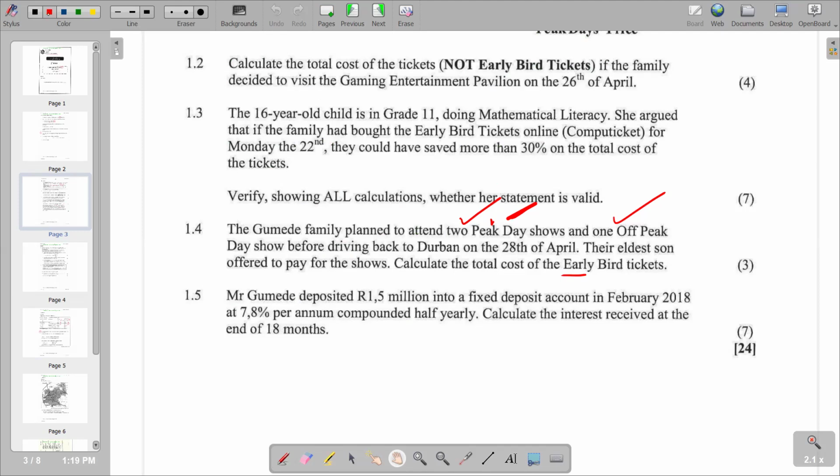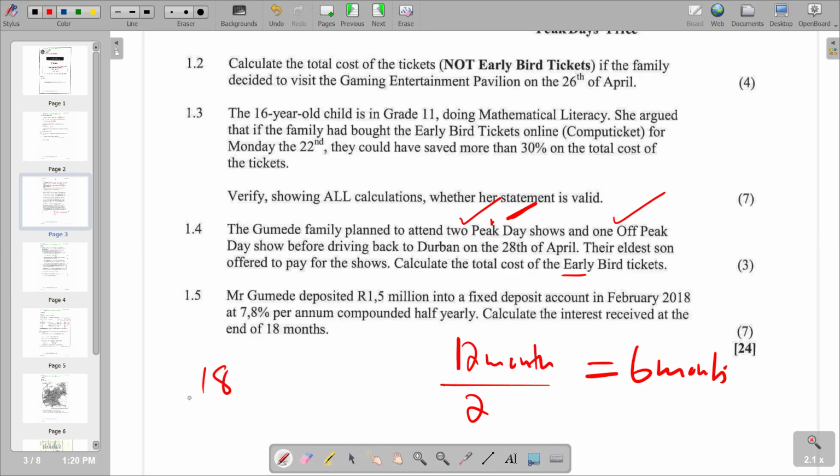So you see that half a year, we know that a year has got 12 months. So it becomes half a year, it becomes divided by 2, so we have got 6 months. So it's a matter of trying to find out how many 6 months are inside 18 months. So we are going to say 3 times 6 to get 18.